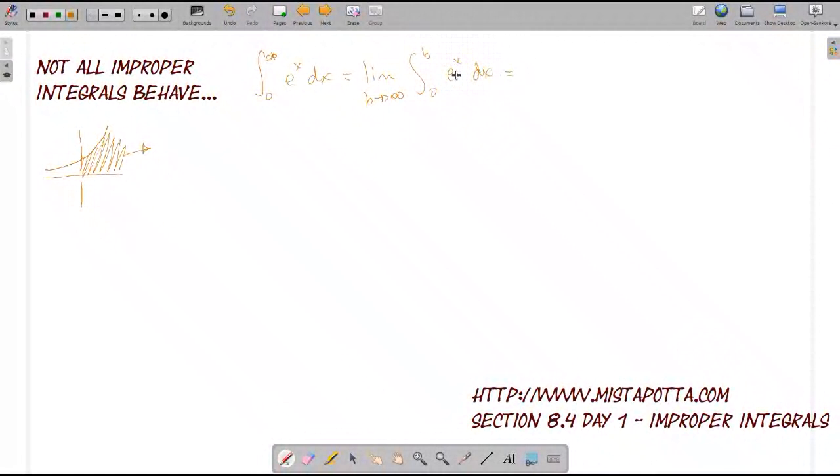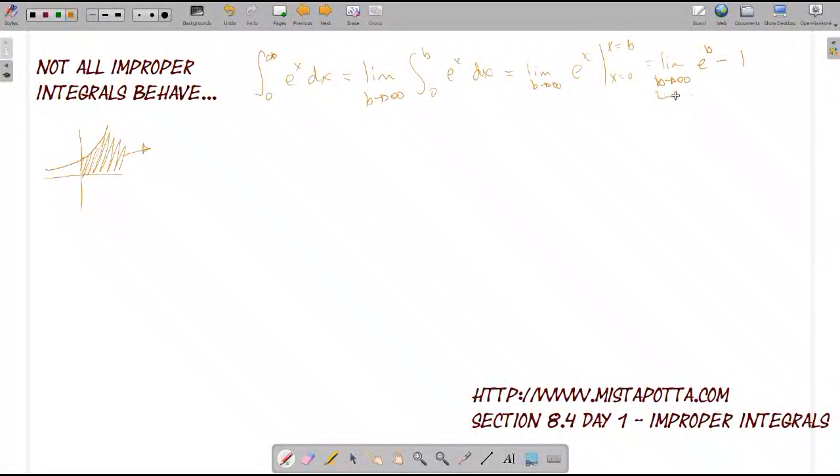So the antiderivative of an exponential is the exponential function, which I'm evaluating from x equals 0 to x equals b, as b increases without bound. So I've got the limit as b approaches infinity of e to the b minus e to the 0.